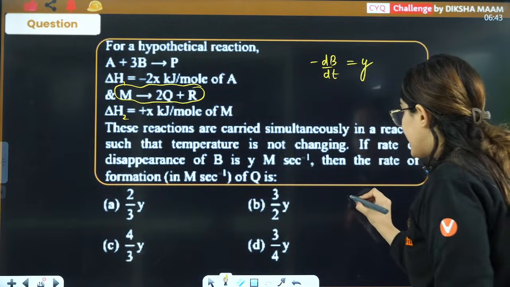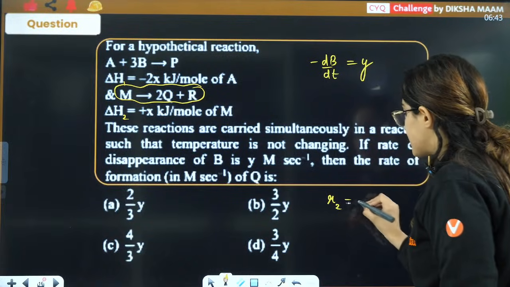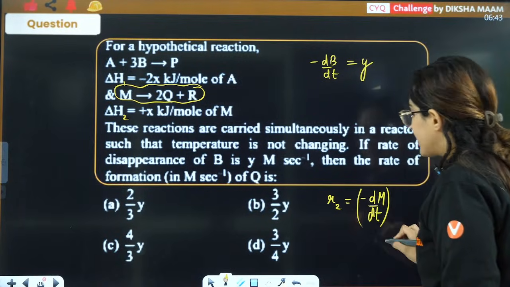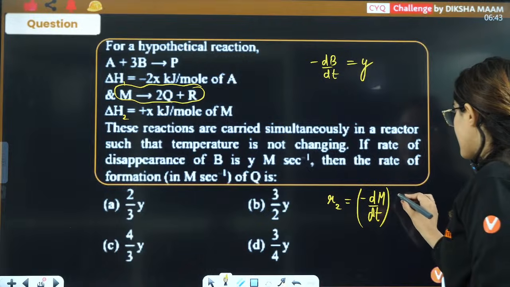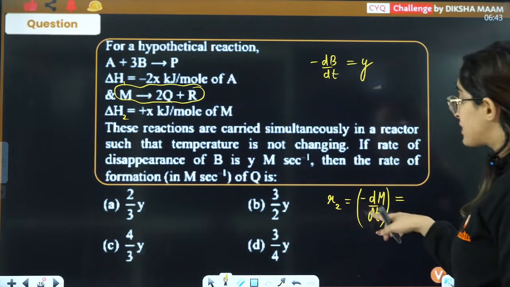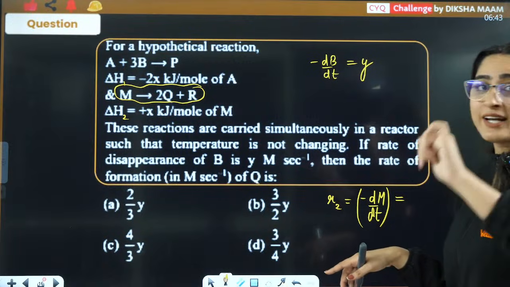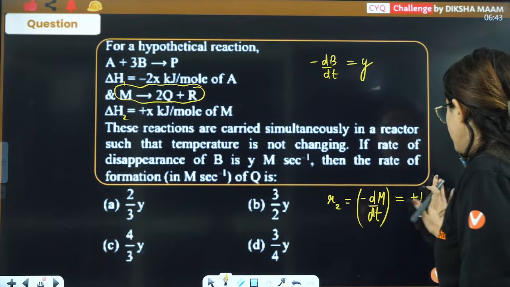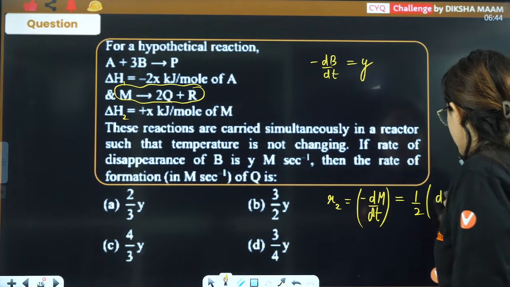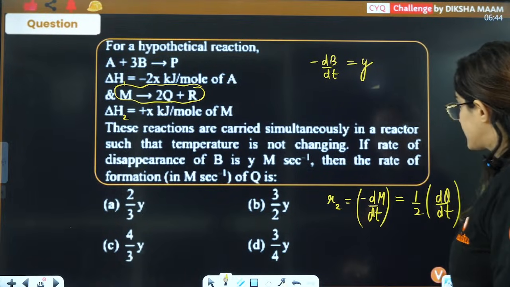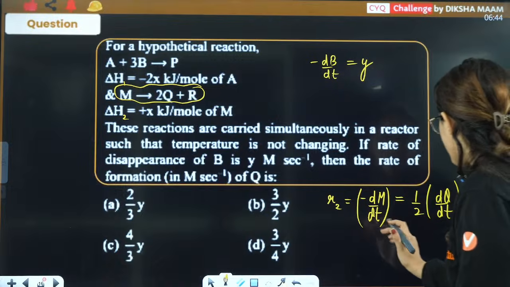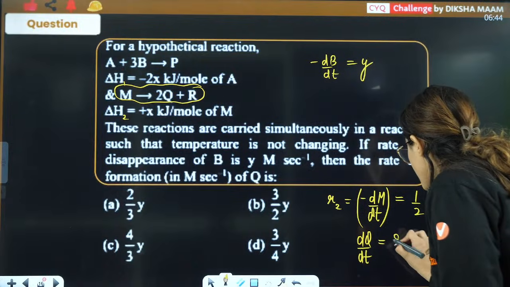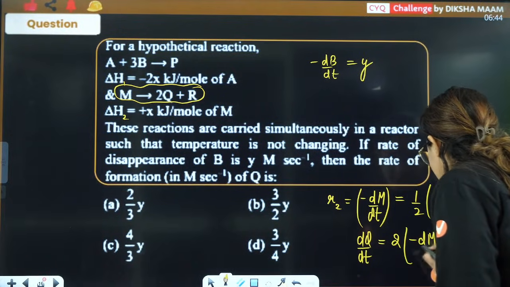I'll write that rate of reaction of this second reaction is equals to minus dM by dt, that is rate of disappearance of M. Stoichiometry is 1 because right now I'm writing rate of reaction, so I'll divide it with the stoichiometry. So here it will be plus 1 by 2. So you can just simply write 1 by 2 dQ by dt. Right? So that means all I have to do is I can say dQ by dt, that is what is asked in the question, that is 2 times minus dM by dt.